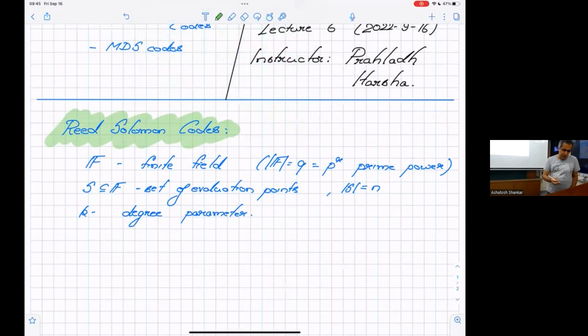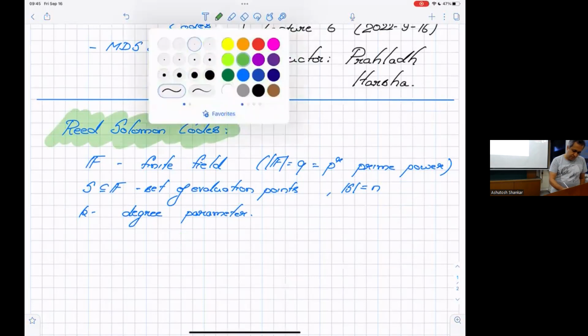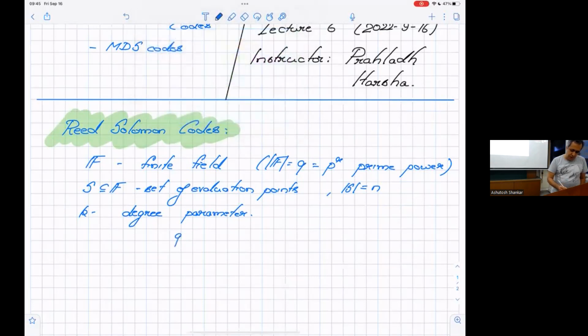These three parameters will satisfy the following relationship: Q is at least n, n is larger than k, and k is at least 1.